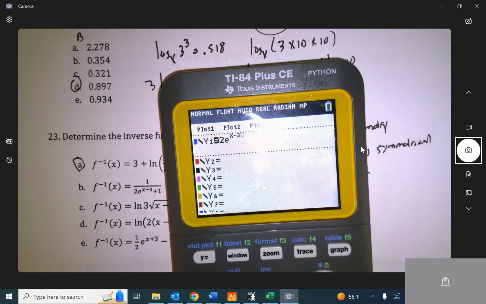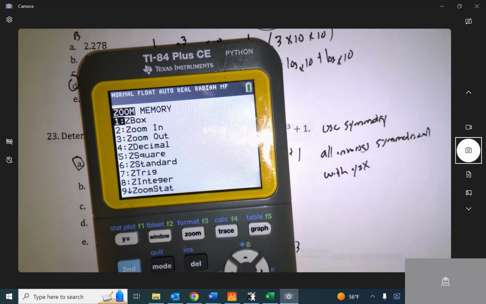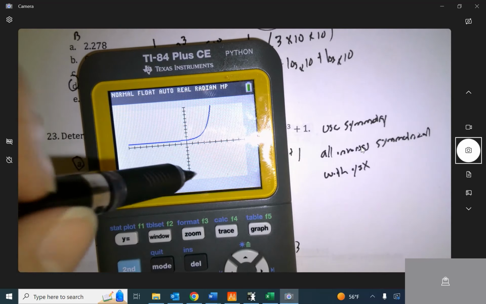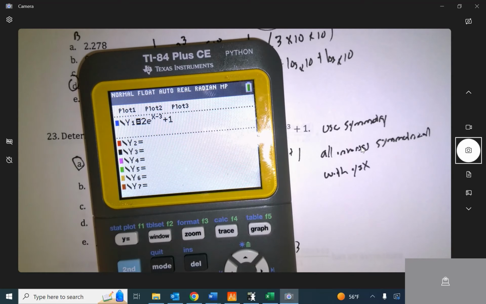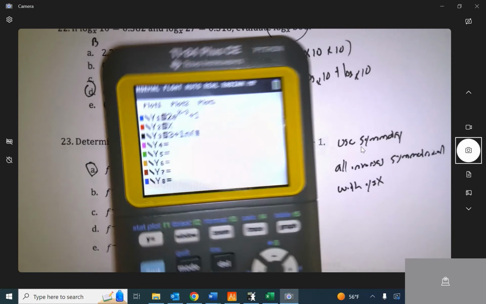It just depends on your spatial skills. And just take a look at it on the standard zoom 6. There's 2 to e. Its inverse ought to look something like this. Let's put the line of symmetry in, y equals x, and our suggestion, at least my suggestion, was that that's the inverse.